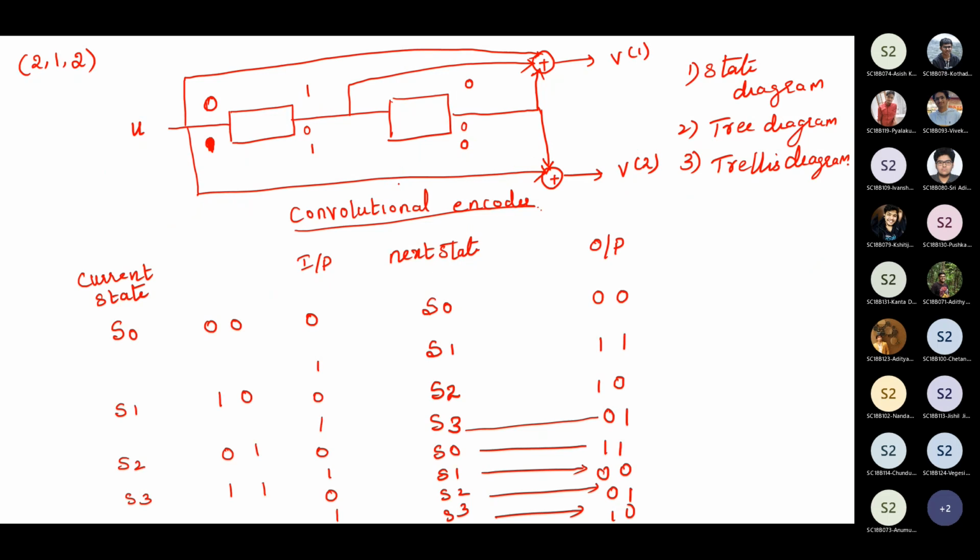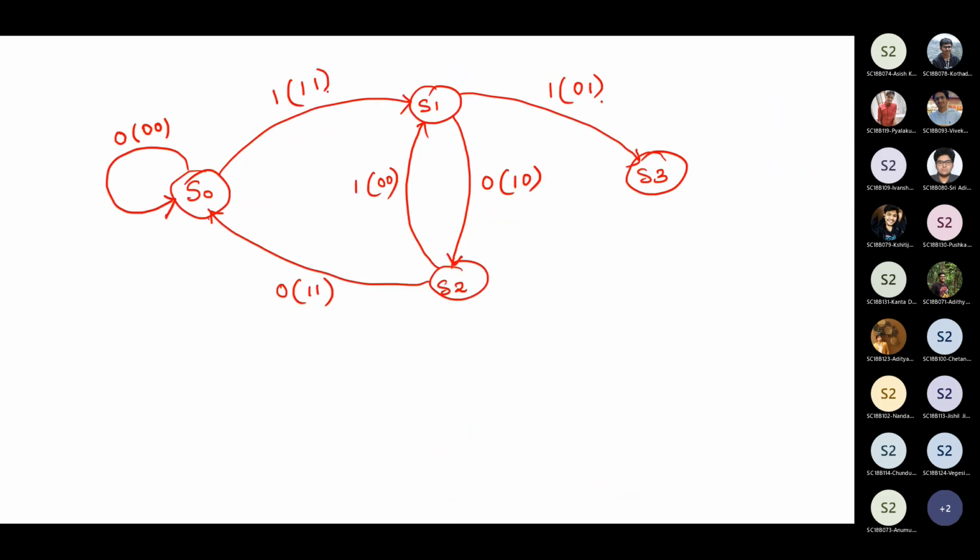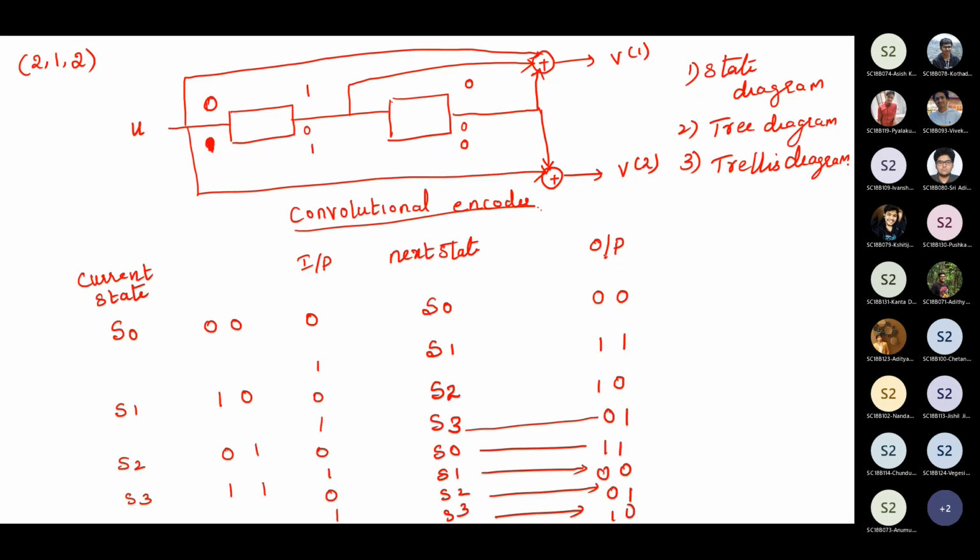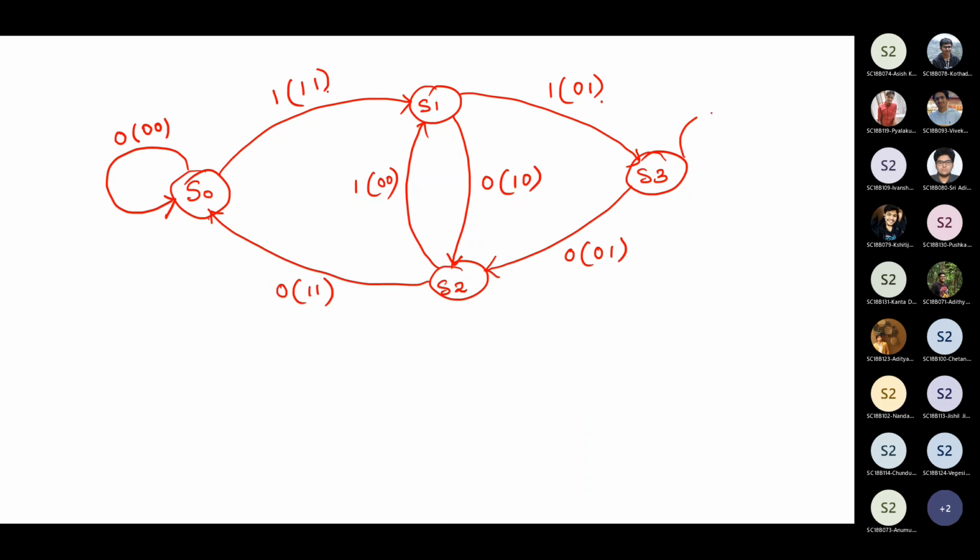Next, from S3 with input 0, it goes to S2 with output 0, 1. Next one, S3 with input 1 stays at S3 with output 1, 0. Right? Now we have drawn the state diagram.